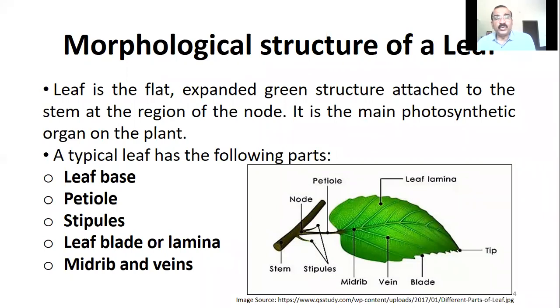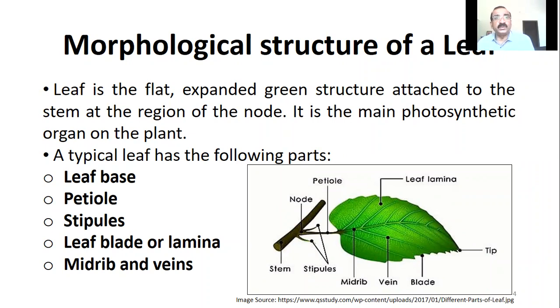And this leaf is the most important part of the plant because it is the main photosynthetic organ on the plant. And you know, photosynthesis is one of the vital functions of a plant, which provides organic food materials for the survival of the plant and also for the survival of all other organisms on this earth. So leaf is the structure which supports all organisms on this earth.